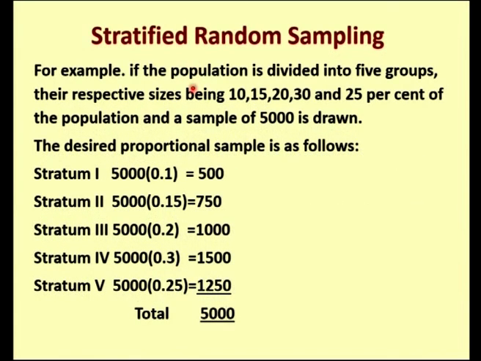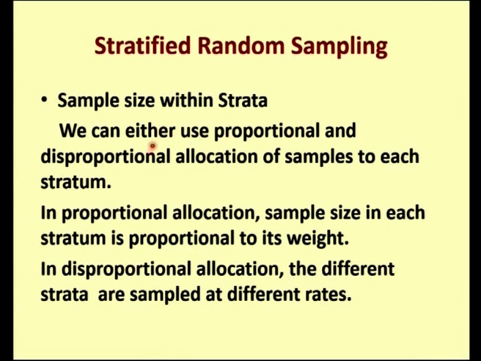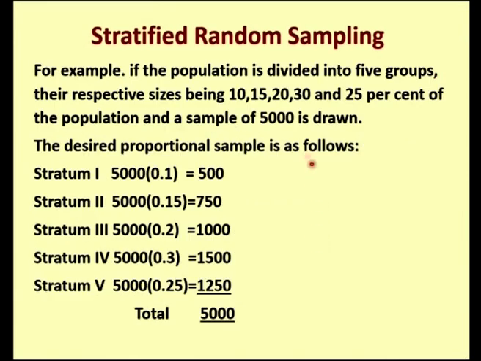If the population is divided into 5 groups and their respective sizes are 10, 15, 20, 30 and 25% of the population, these are the weights. In proportional allocation, the sample size in each stratum is proportional to its weight, and a sample of 5000 units is drawn.